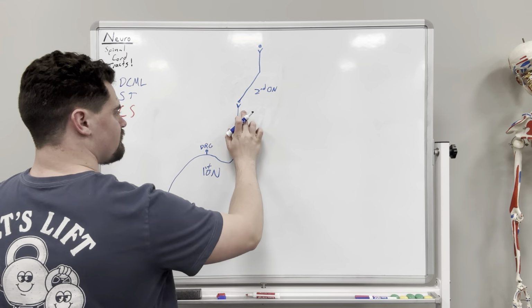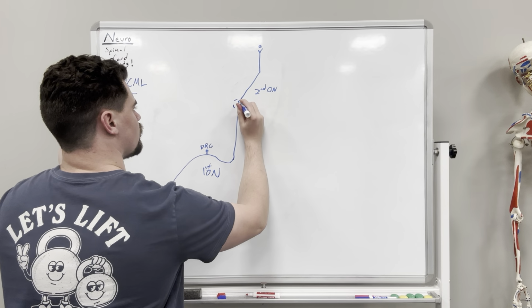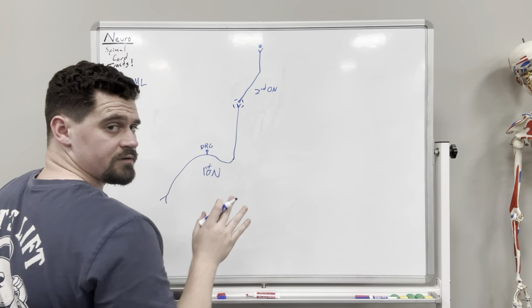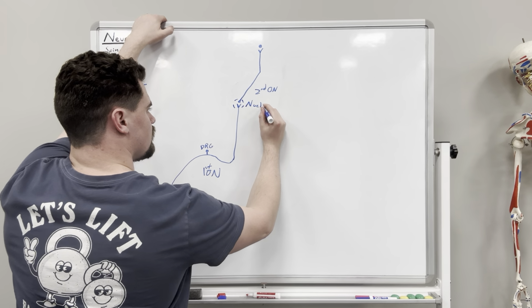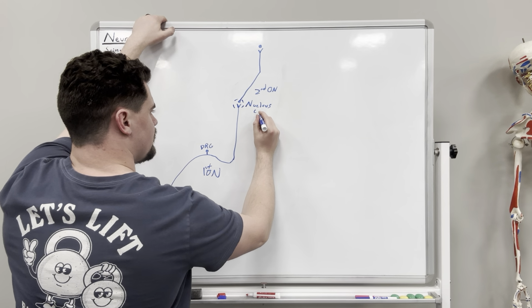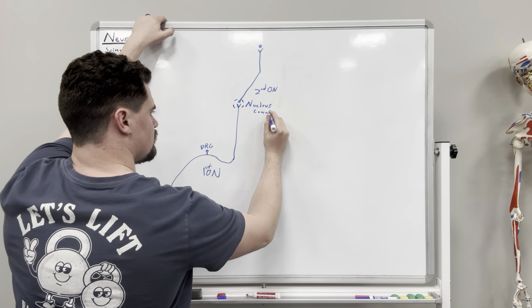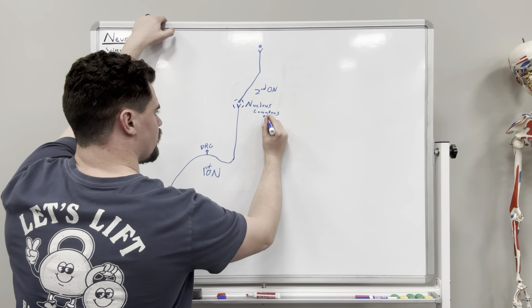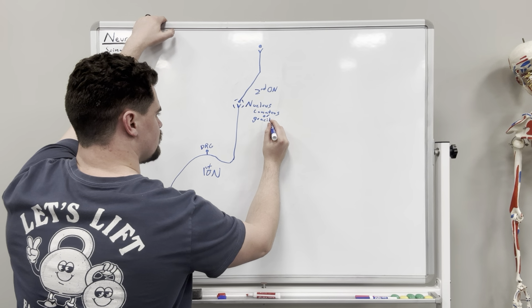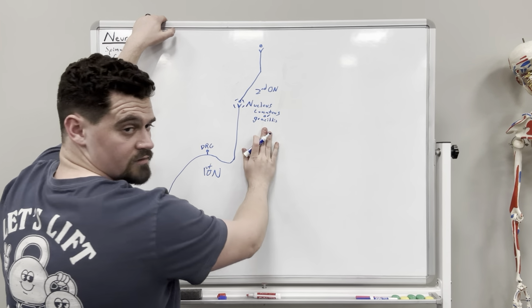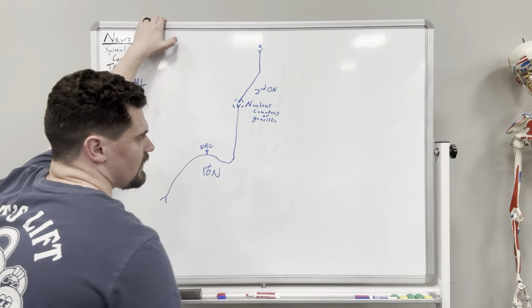And then where did the first order neuron synapse on the second order neuron? That is going to be at the nucleus cuneatus or gracilis. And we'll talk about that in just a minute. And fact check how that is spelled, because I don't know, frankly.